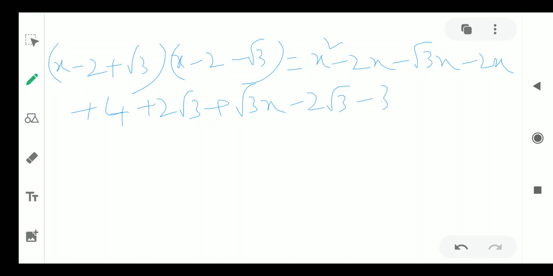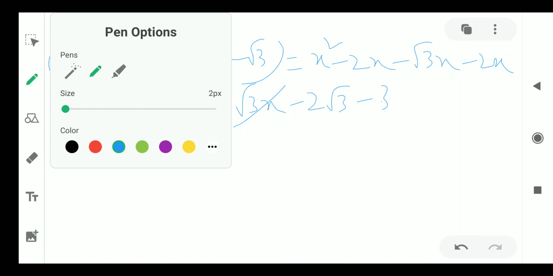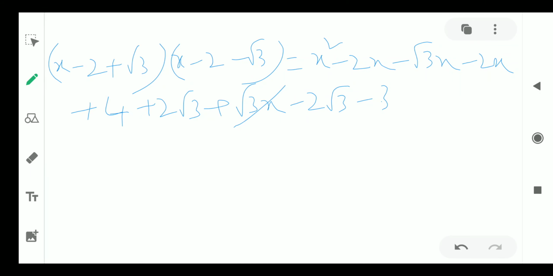After simplification, minus root 3x and plus root 3x cancel. Minus 2 root 3 and plus 2 root 3 cancel. And here x square minus 2x and minus 2x will become how much? 4x, so x square minus 4x. What constants are left here? Plus 4 and minus 3, therefore it is plus 1.